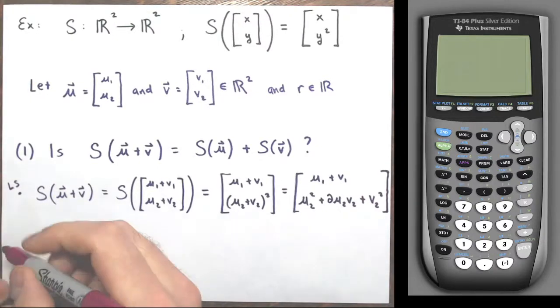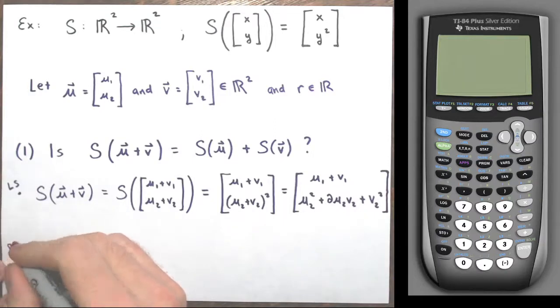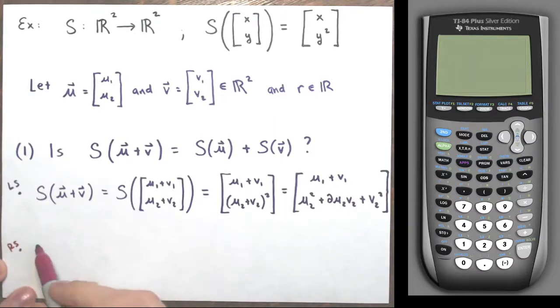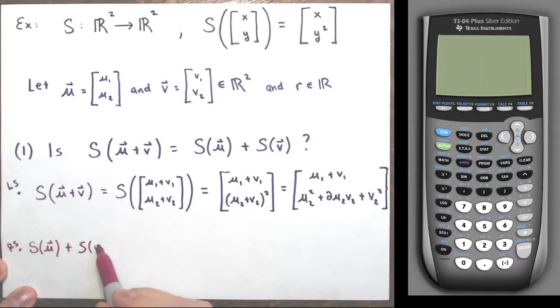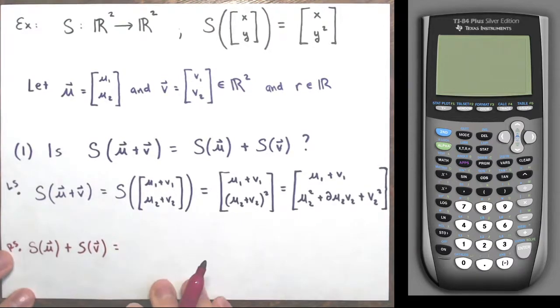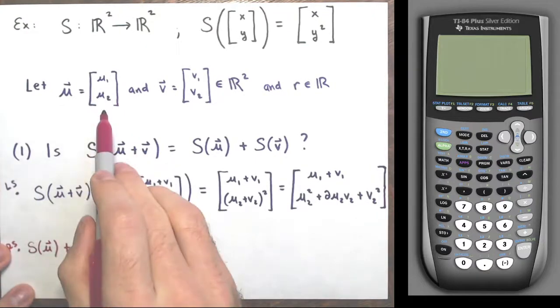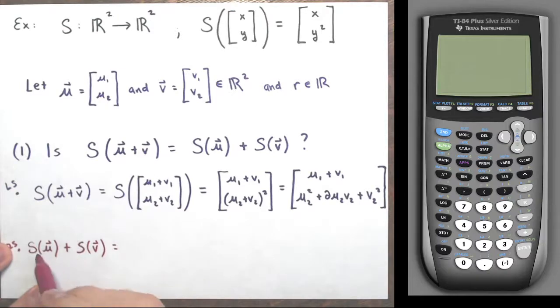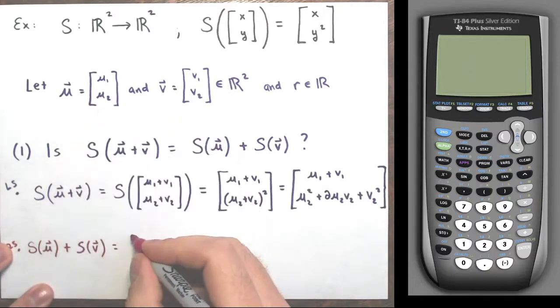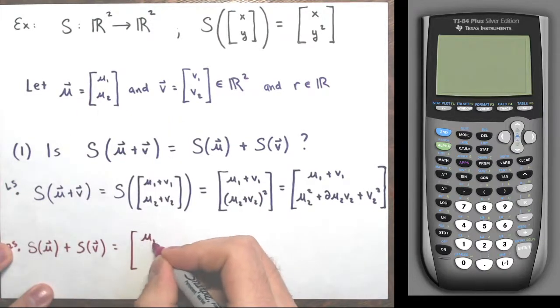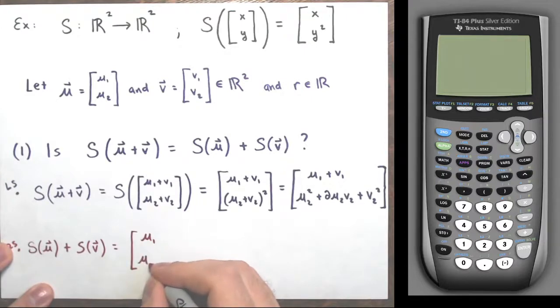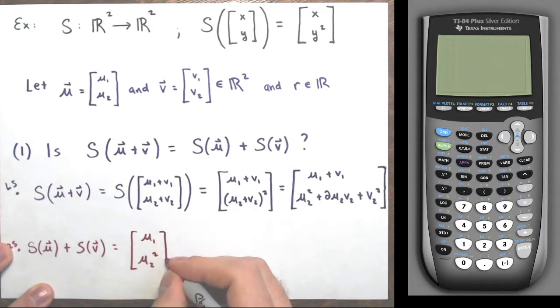Then working with the other side, the right side, RS for right side, what's the value of S at u plus the image of v, the value of S at v. Okay, so this time u is this u1, u2. I'm just going to apply the rule. So what's S at u? It would be u1 for the first component, and then u2 squared for the second component.